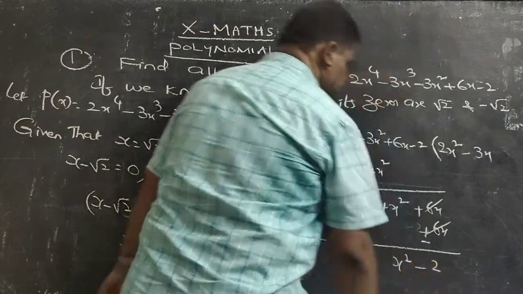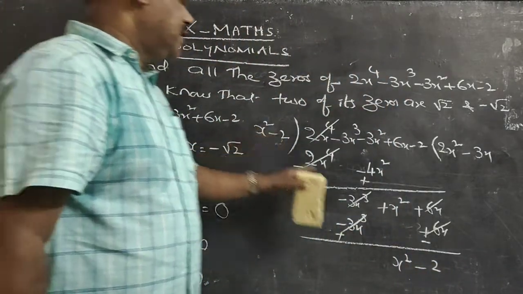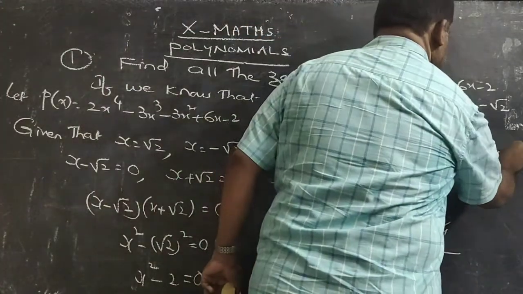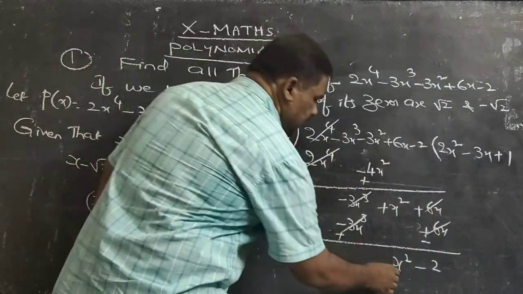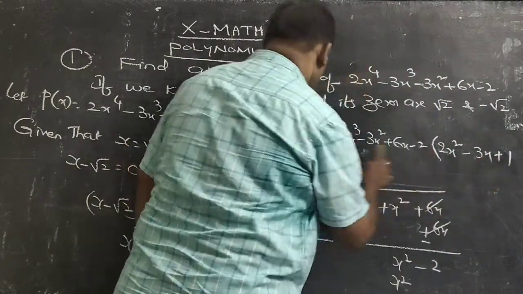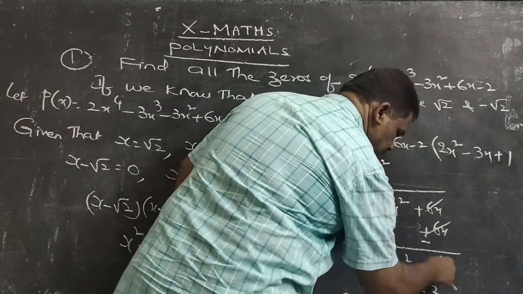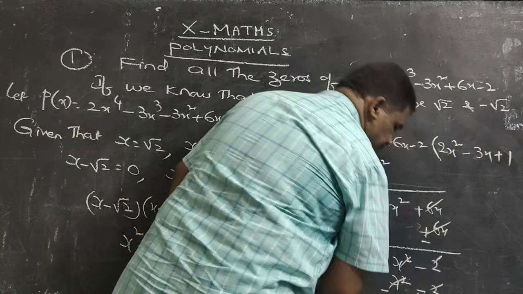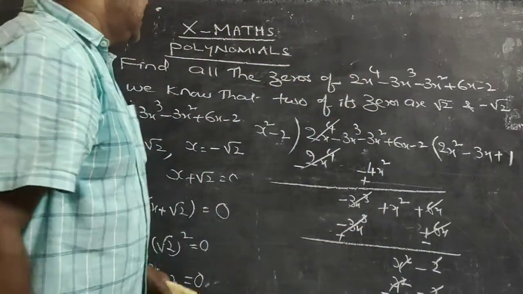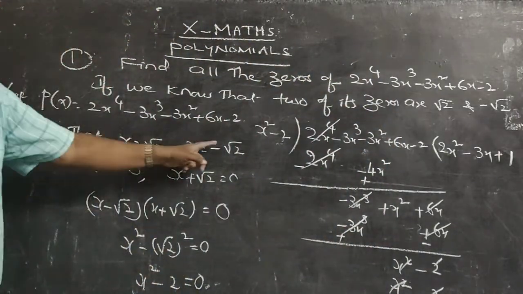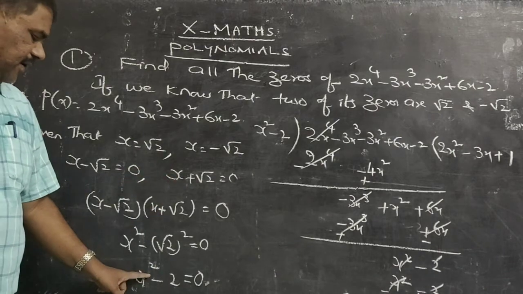Next term is minus 2. Now x square into how much is equal to x square? x square into 1. So 1 into x square is x square. 1 into minus 2 is minus 2. So the remainder is 0.